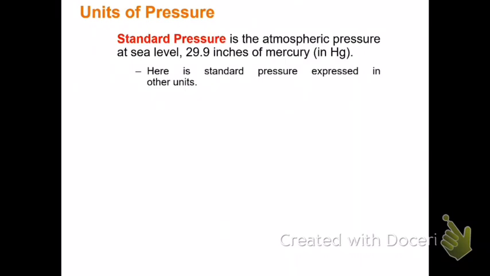For example, if you were to measure the height of a mountain, how would you compare two mountains? You have to have some kind of frame of reference, and they use sea level. In pressure, they do the same thing. They use standard pressure, and the standard pressure is 29.9 inches of mercury.